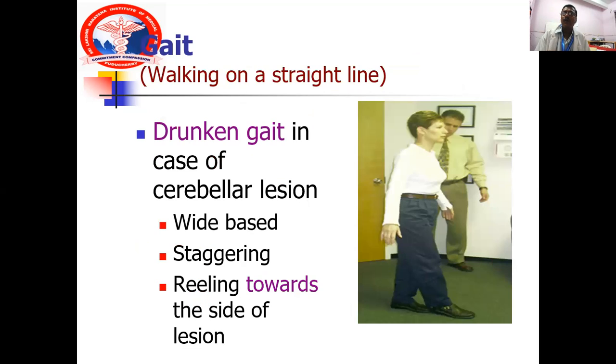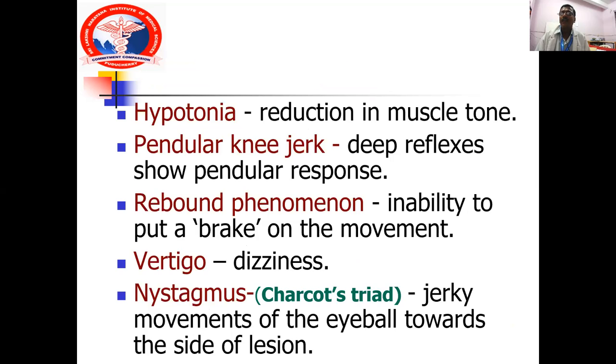And gait: walking on a straight line is possible for a normal person and is not possible in drunken gait. In cerebellar lesion, the gait is wide based, staggering, reeling towards the side of the lesion. The walking pattern will be altered.